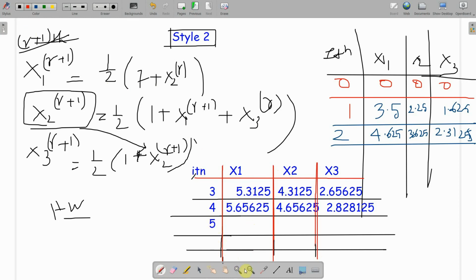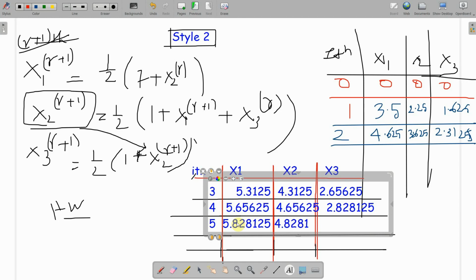Okay. 5.828125. Is it, Sagnik? Yes. x2 is 4.828125.